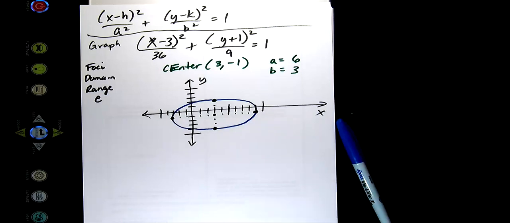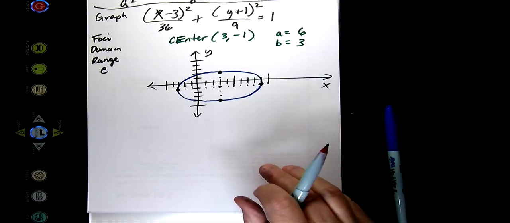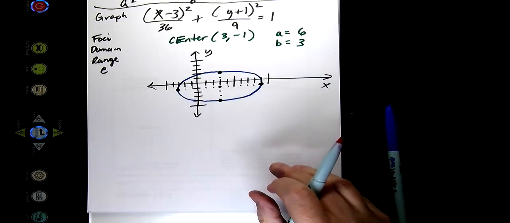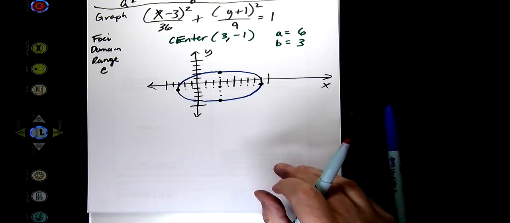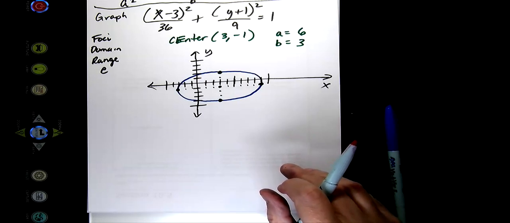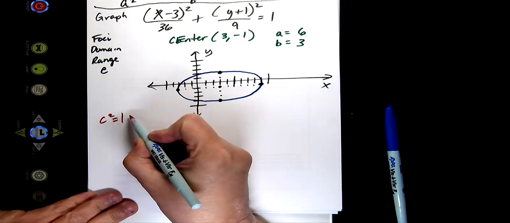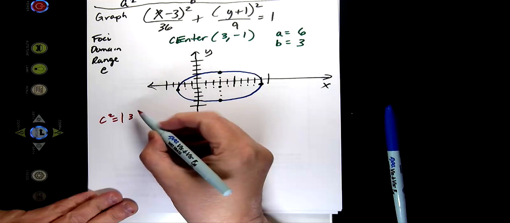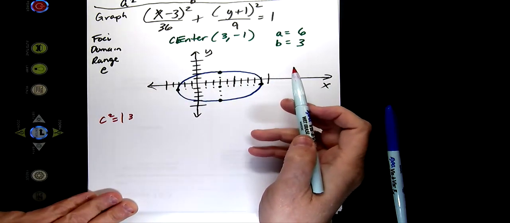All right, so how do I find the foci? The value of c is the square root of 36 minus 9, because you're squaring these.